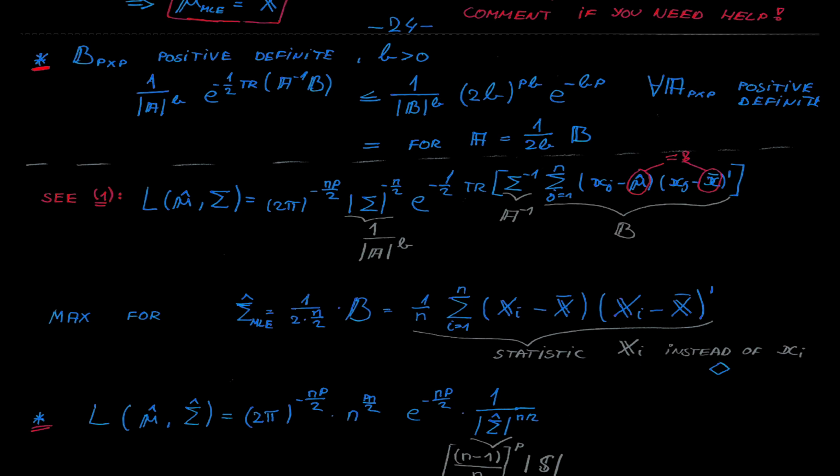So remember that this is now a matrix B, and this B is a positive definite matrix, and also this A is going to be positive definite.